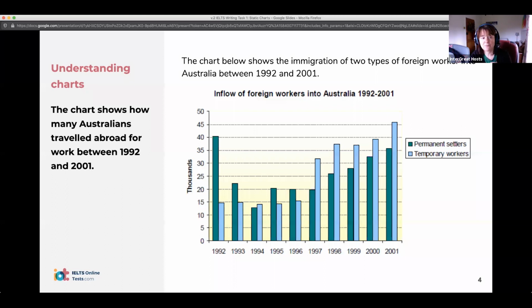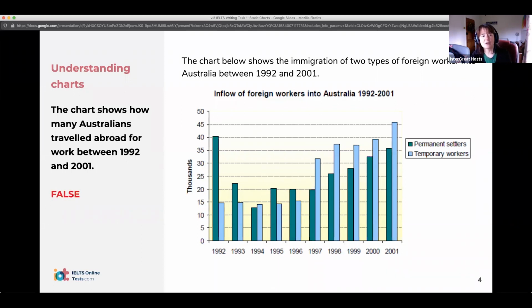So if you look at the first sentence, oh, hi Neo, nice to see you again. Neo has put that it is false, which is correct. So why is that false? What are they talking about in the sentence, and what are they talking about in the chart? Yes, exactly.